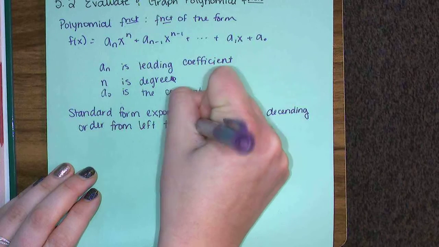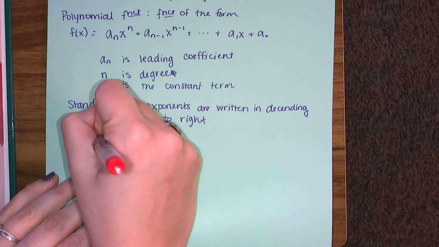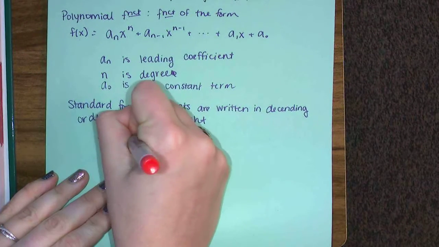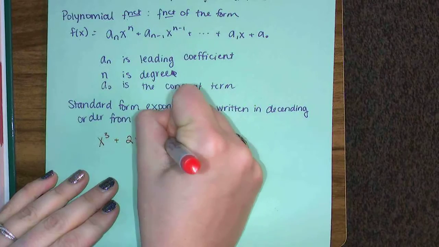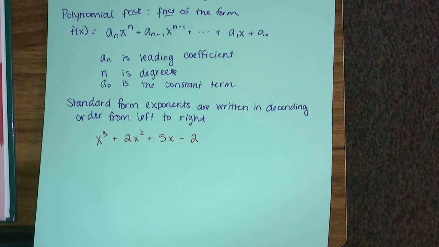So what do I mean by that? Basically, something like x cubed plus 2x squared plus 5x minus 2 is written in standard form.